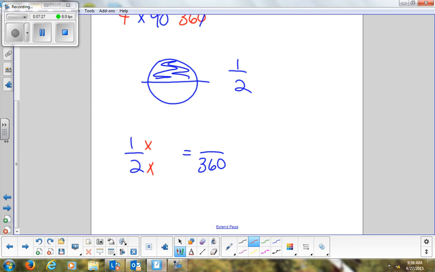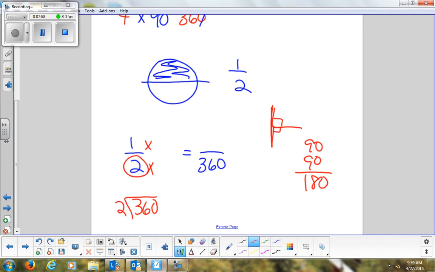How'd you get 180? If one right angle is 90, plus another is 90. Okay, so you knew a right angle is 90, and another right angle is 90, and that makes a straight line. So 90 plus 90 is 180. Okay, that's one way, but I also can go 360 divided by 2. 2 goes into 3 how many times?